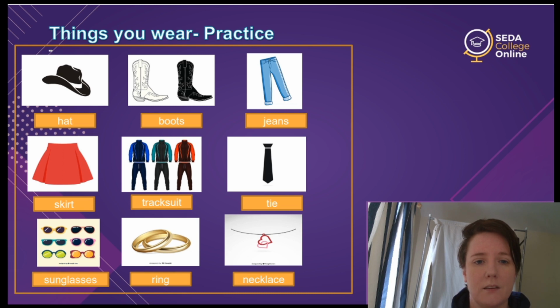So hat, boots, jeans, skirt, tracksuit, tie, sunglasses, ring, and necklace. I kind of wish I put suit up there as well, because that's the pronunciation of that. But try your best, guys. Suit, okay? Don't forget that one.